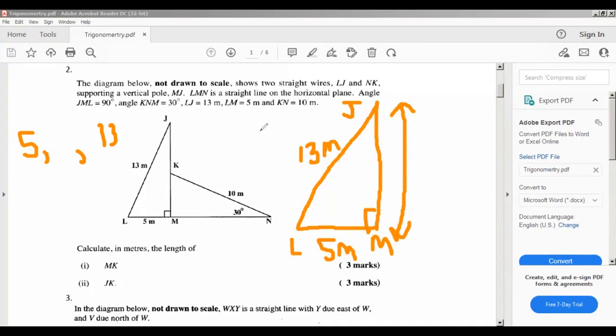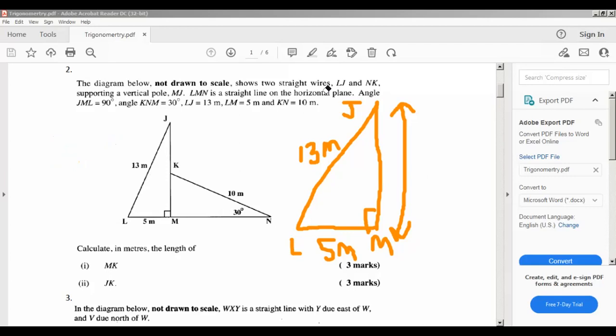So the other one is 12. Yes, 5, 12, 13 is a triple, because I gave some examples of triples. But you can actually work it out. You're supposed to work it out, as a matter of fact.